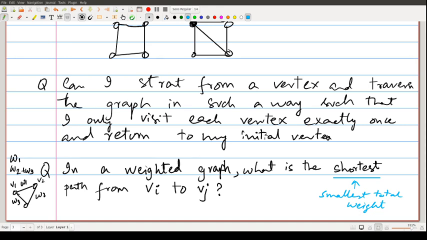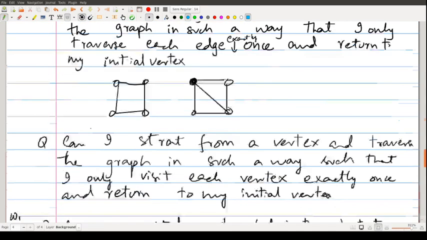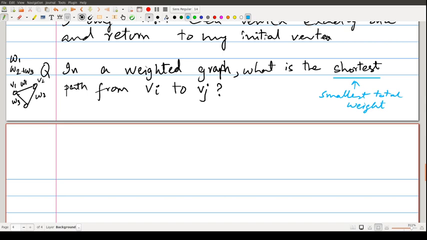Yes, this is used in the traveling salesperson problem. So these ideas of having a shortest path are used in the traveling salesperson problem. So this is important. Even the previous idea is used in the traveling salesperson problem.